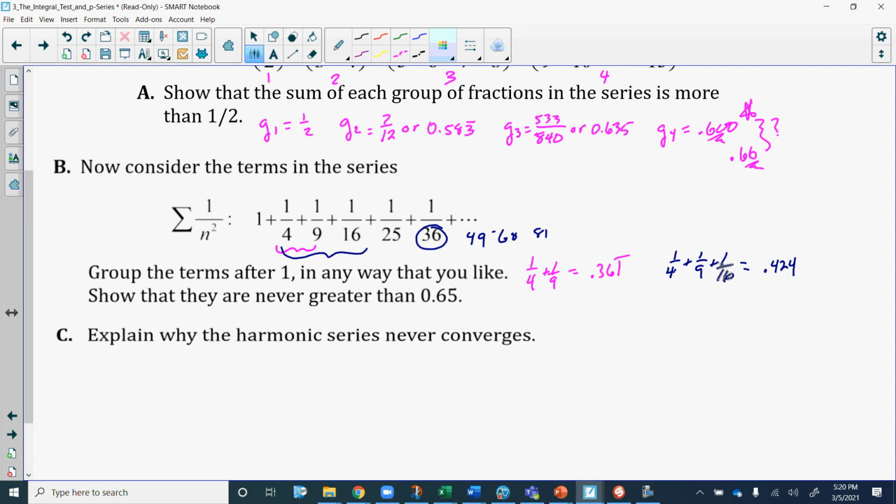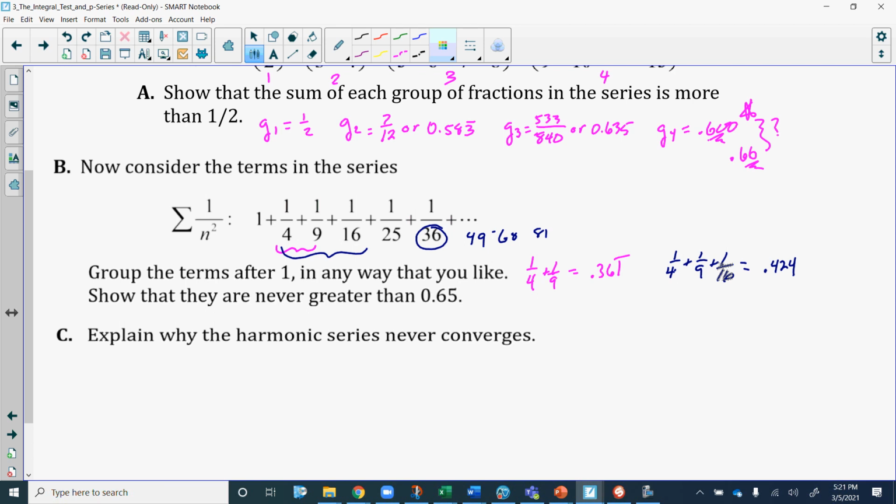So when we were looking at the groupings of the harmonic series, we were recognizing that the sums were continually increasing, meaning that they were going to be greater than 1/2. That is specifically what they were asking us to look at. But with n squared, because the denominator continues to get bigger and bigger, the overall fraction value gets smaller and smaller.